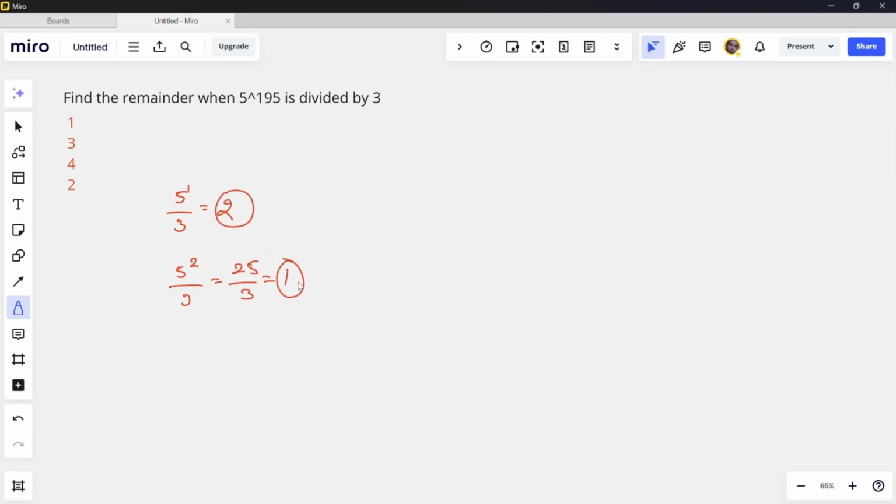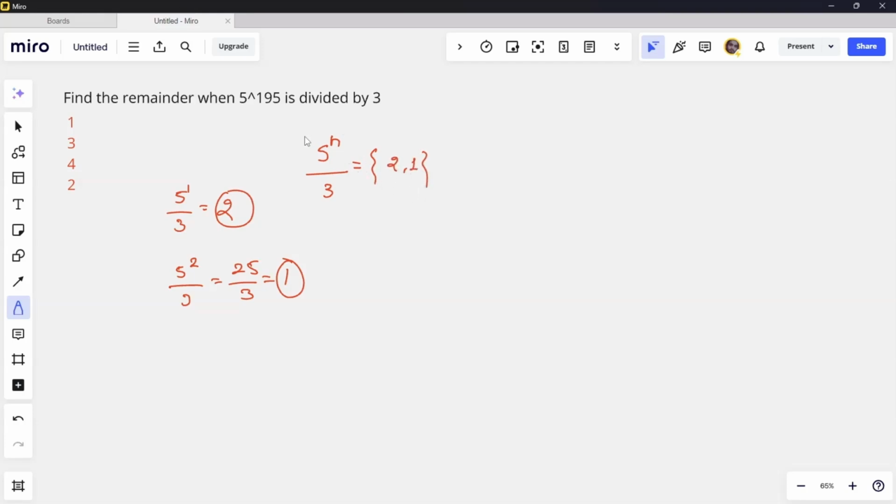As you can see, when we have remainder 1, it means the cyclicity ends here. So 5 raised to any power divided by 3 follows a remainder cyclicity which is 2, 1.